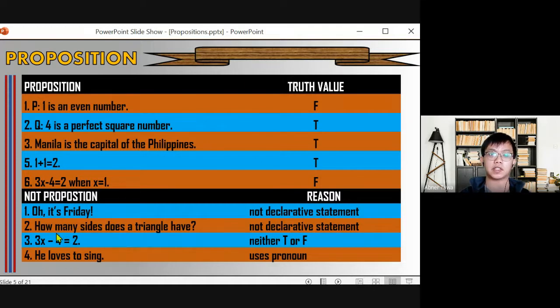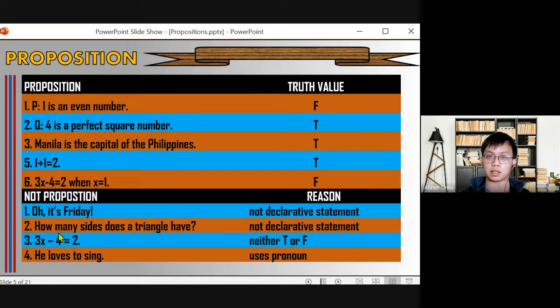Another non-example is 3x minus 4 is equal to 2. For a given proposition or declarative statement, you should be able to identify if it is true or false. If you cannot identify if it is true or false, then it's not a proposition. This is a declarative statement, but we cannot identify if it is true or false because we don't know the value of x.